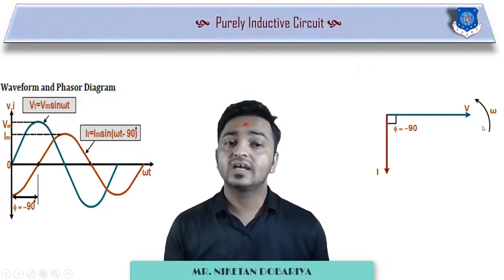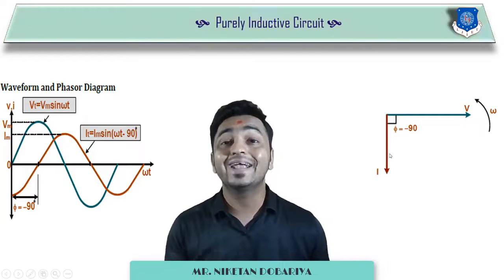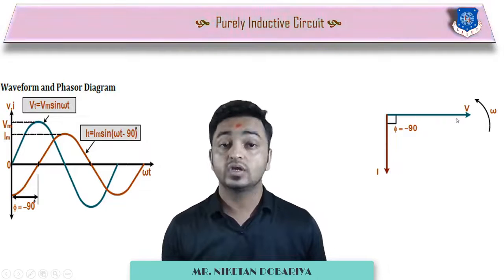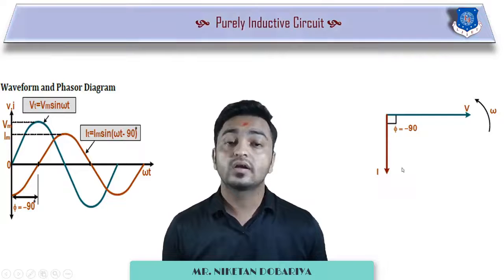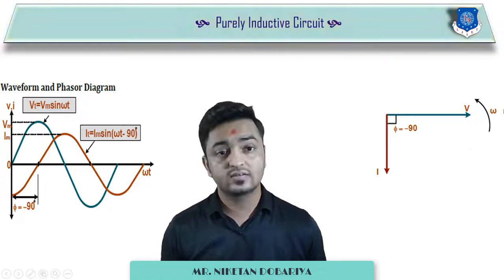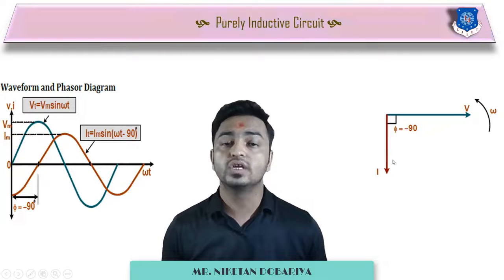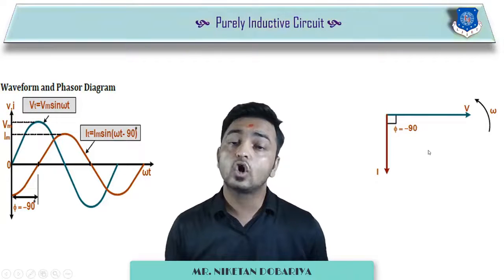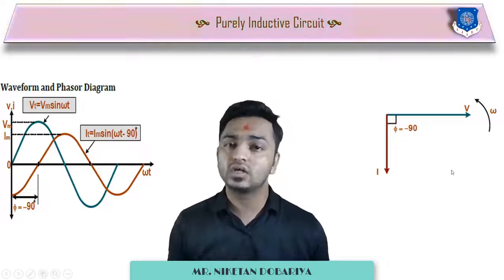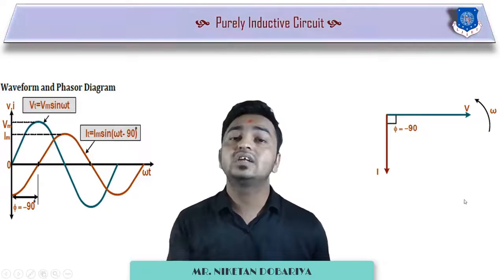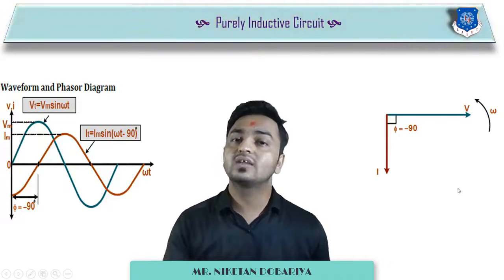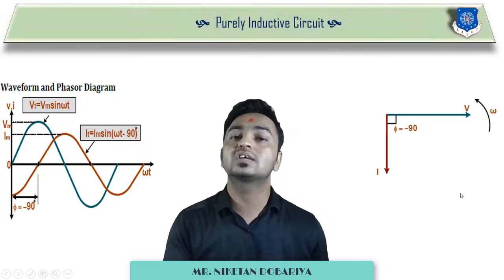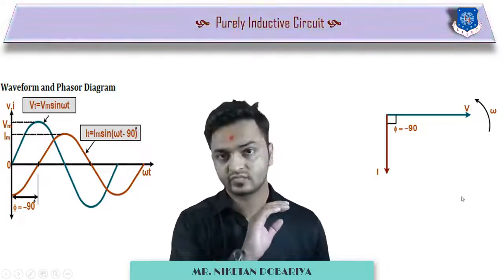So minus 90 degrees is going to be on the negative y-axis. So here we plot current I on the negative y-axis compared to the voltage, which is at 0. So basically the current of this purely inductive circuit is 90 degrees lagging, or 90 degrees behind, compared to the supply voltage.